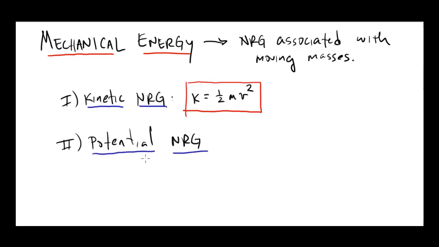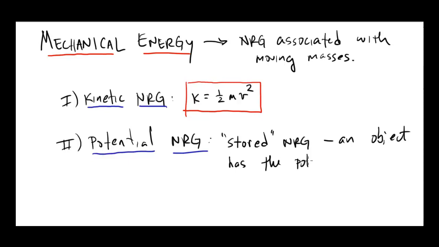And that's a case where the object isn't moving, but it has the potential or the ability to move. In some senses, I like to think of it as stored energy. An object having energy because it has the potential to move.